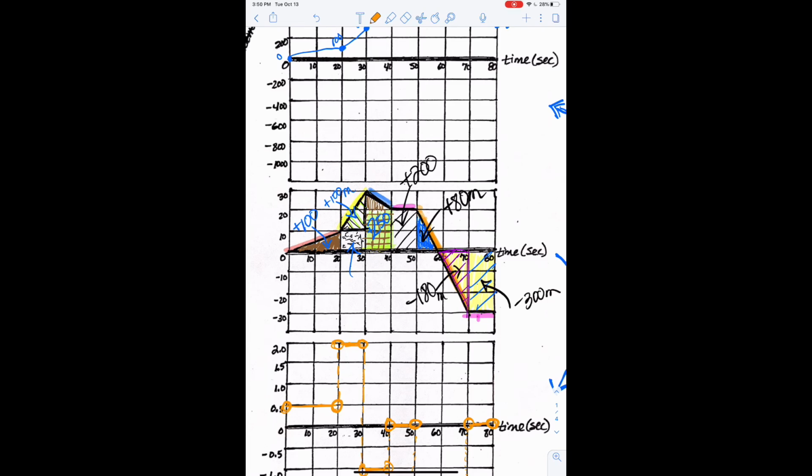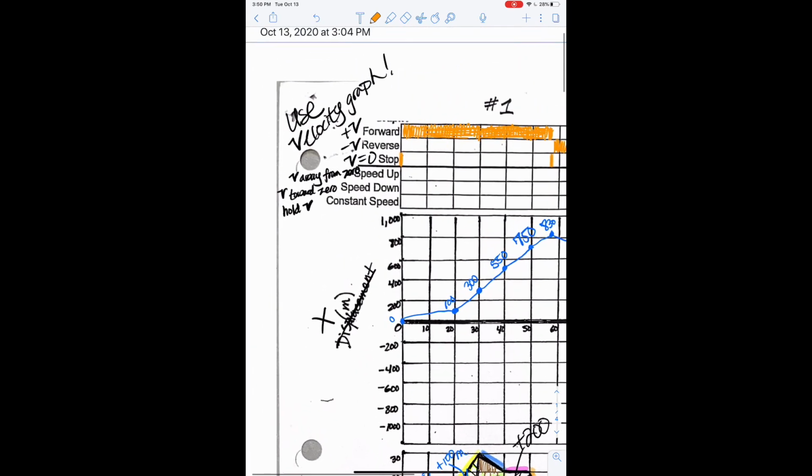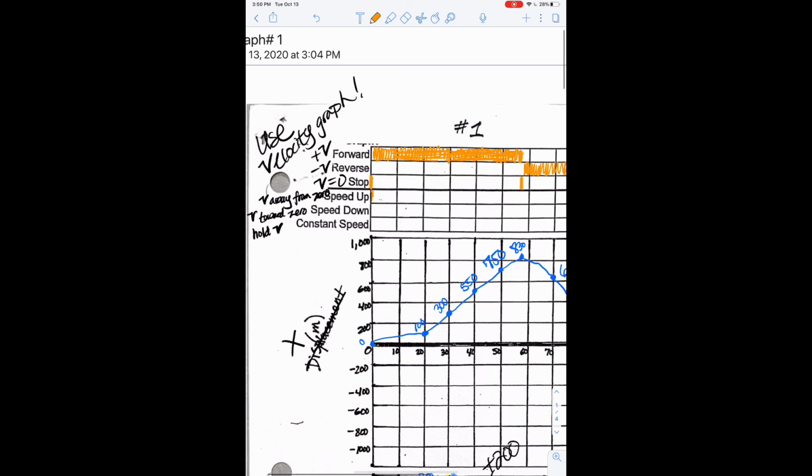So let's shade in from 0 to 30 as a speed up. Notice this lines up with the grid underneath there. I try to line it up with the grid. So this is 30 right there where I stopped shading. I can try and shade a little bit better, no excuses.